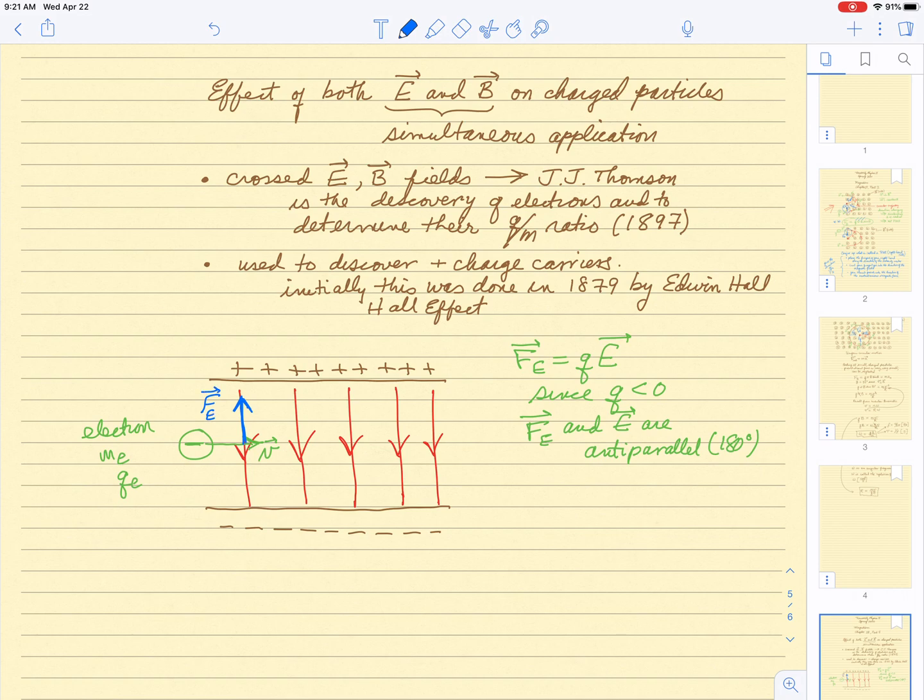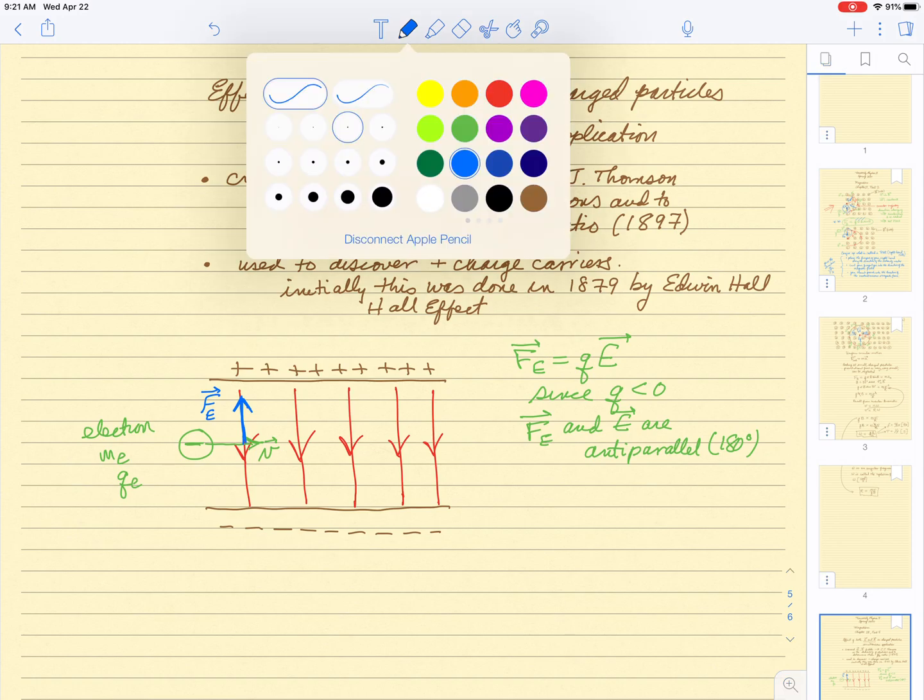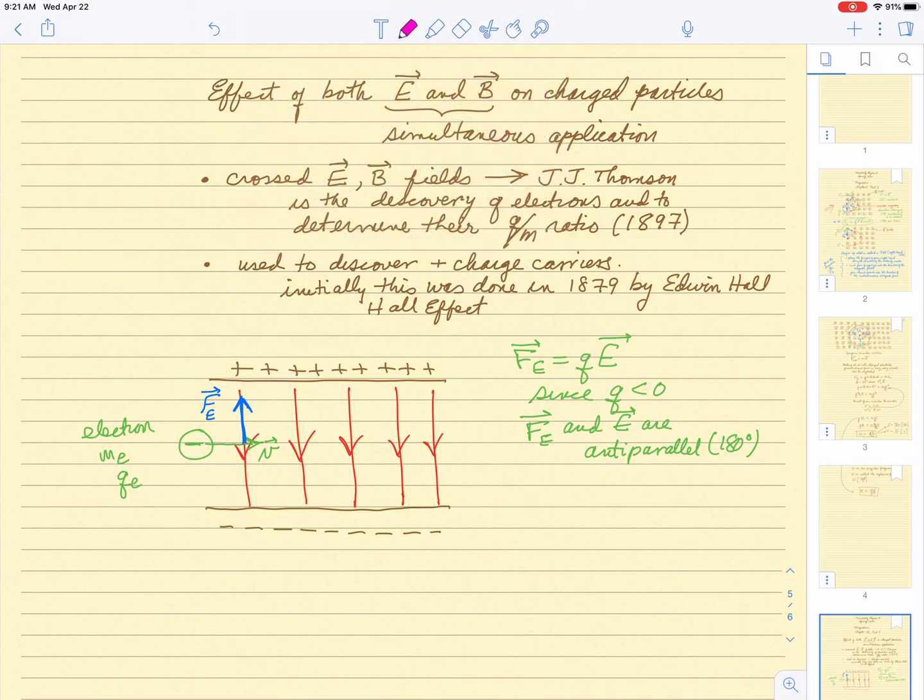Okay, and what will happen then is that the resulting trajectory will look something like so. Depending on the speed, it may actually exit the plates, in which case once it's out here, it's going to travel in a straight line since it's no longer acted upon by the electric field and hence the electric force.